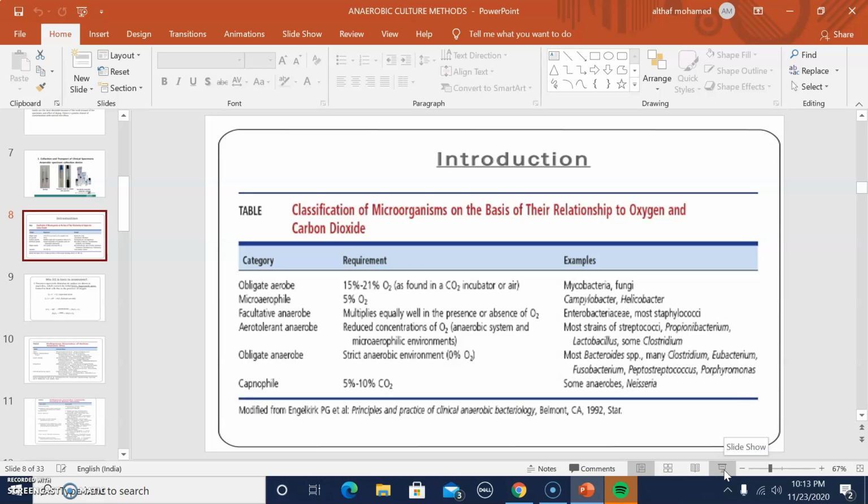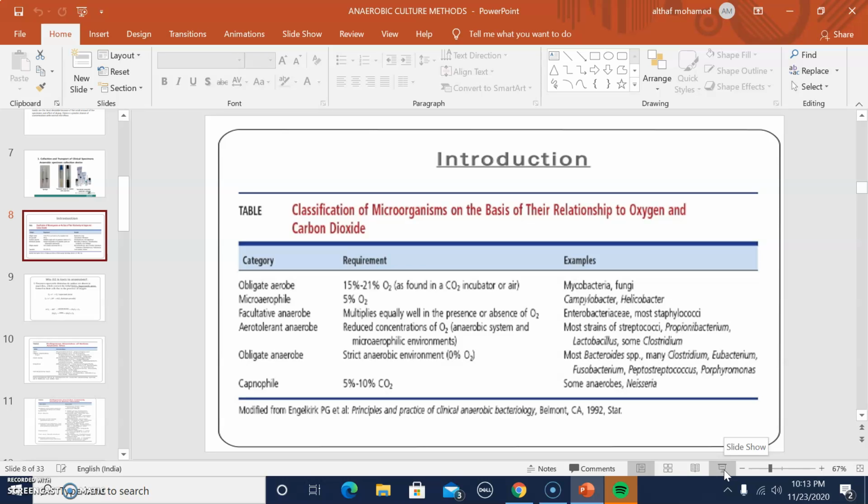Okay. Obligate aerobes, according to the category, require 15% to 21% oxygen. Examples of obligate aerobes are mycobacteria and fungi. Next is microaerophiles. They require 5% oxygen.